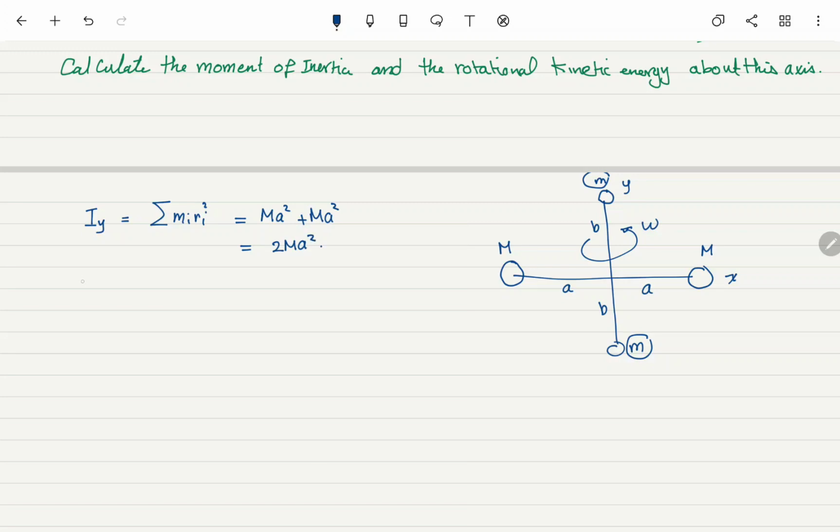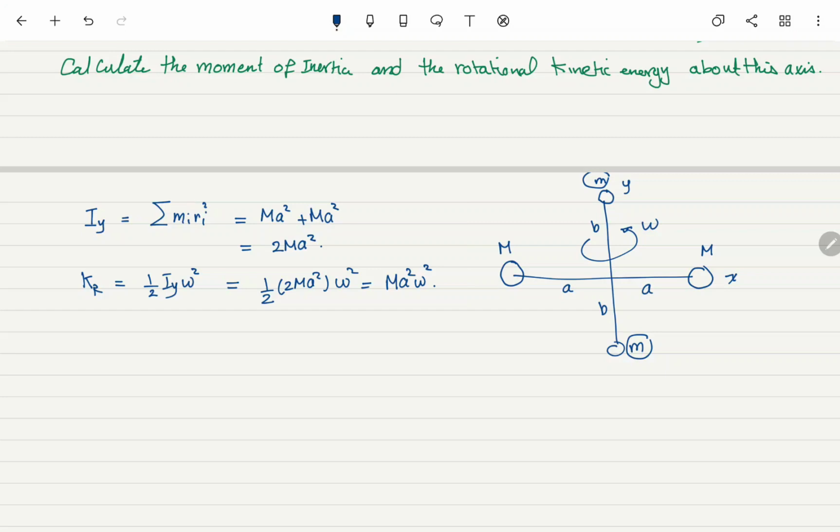And the rotational kinetic energy is equal to half I_y omega squared, which is half 2M a squared omega squared, or M a squared omega squared.